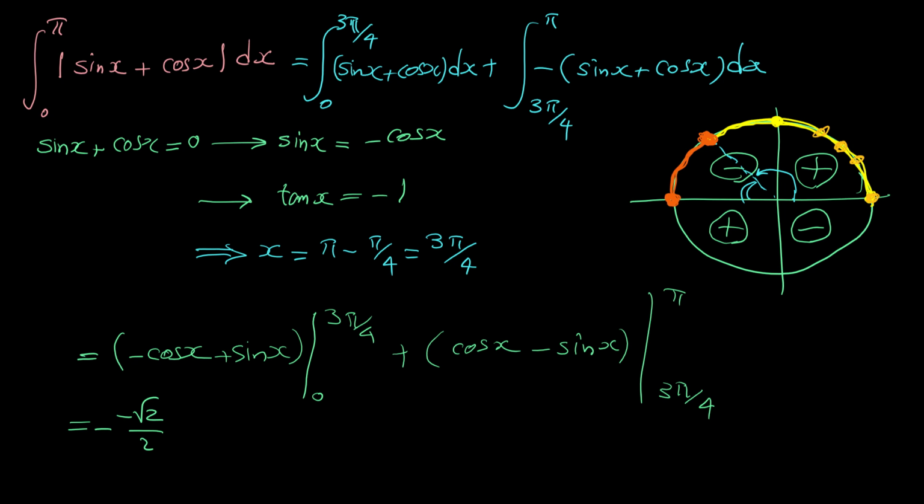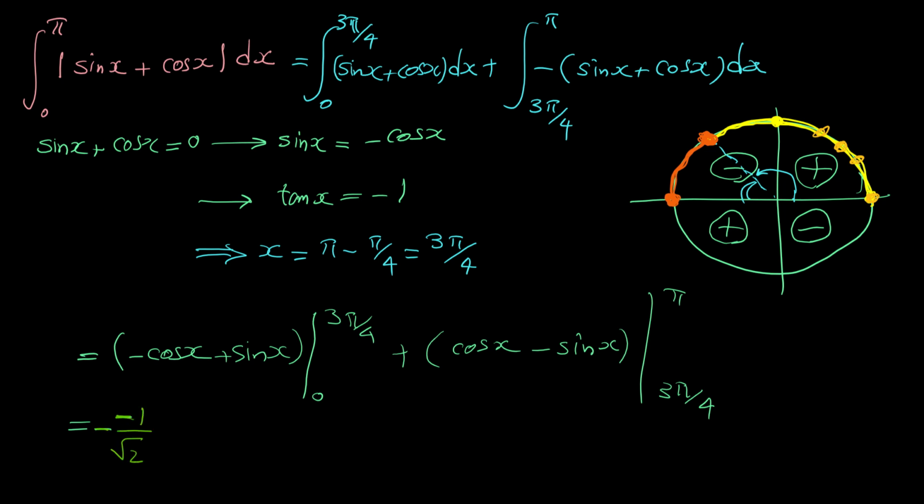It's up to you which form you prefer to write. Remember, sine of pi over 4 is 1 over radical 2. But in the second quadrant, cosine is negative. So cosine of 3 pi over 4 is negative of 1 over radical 2.